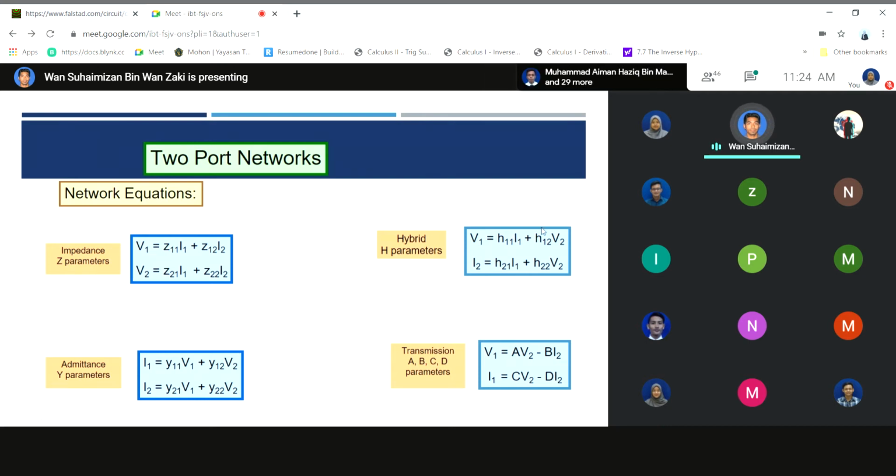Then we have the hybrid parameters H11, H12, H21, H22, with their related equations, and the transmission parameters A, B, C, D. All these parameters you need to determine from the circuit. The question will ask whether to find impedance, admittance, hybrid or transmission parameters, and from the question you come out with these parameters.